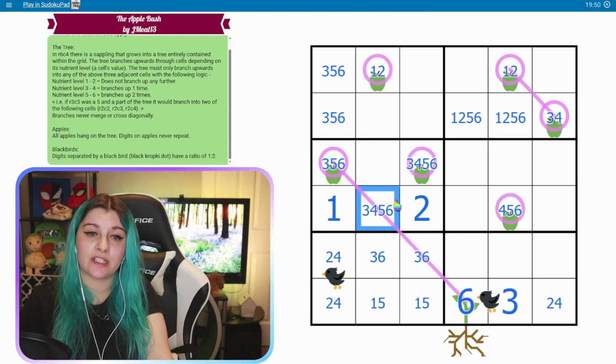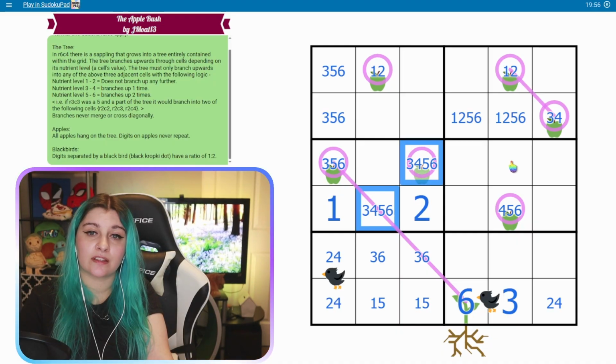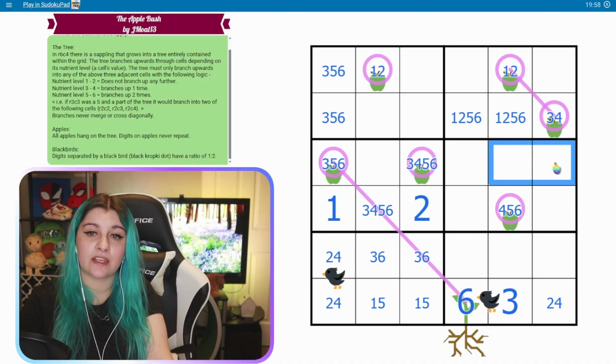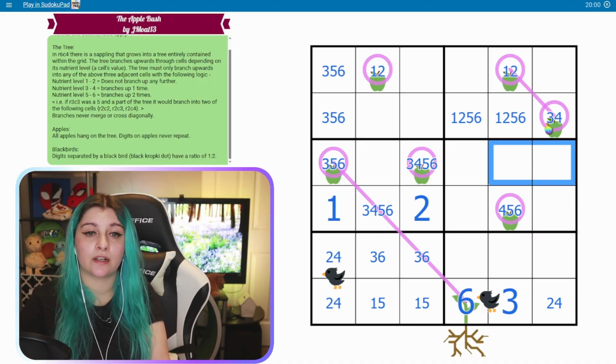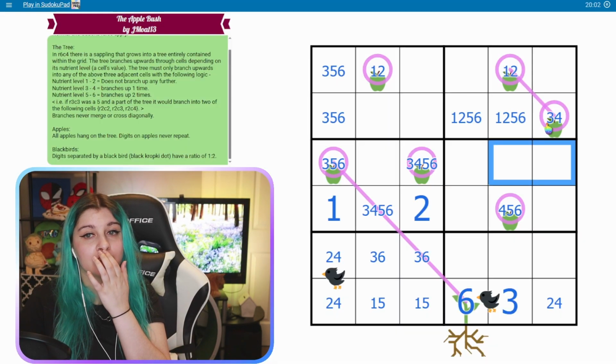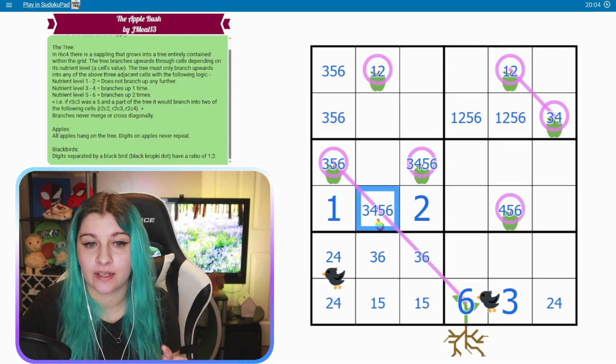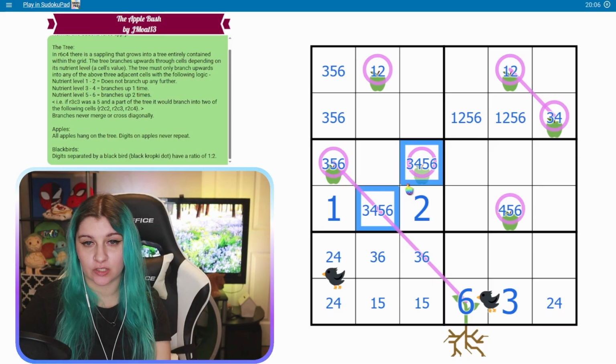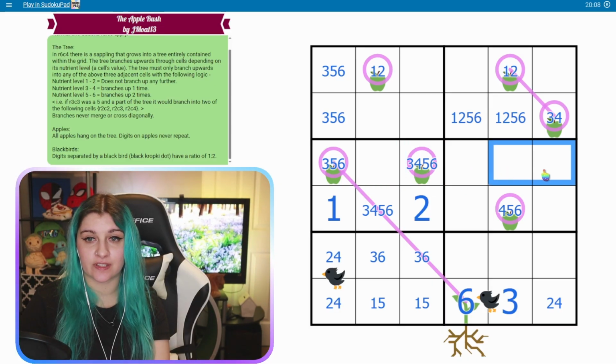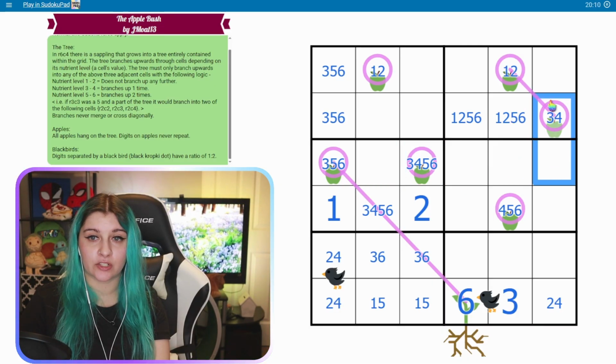So this digit up here is going to be the digit that branches up. So if this is a 5 or a 6, then the 5 or the 6 here will be what branches up here. Oh, this is good to think about. Okay. If this is a 5 or a 6 because I branch up like this, then I also have a 5 or a 6 here, which will branch up here.